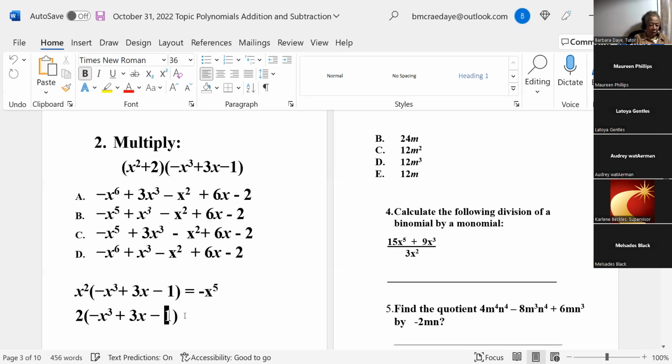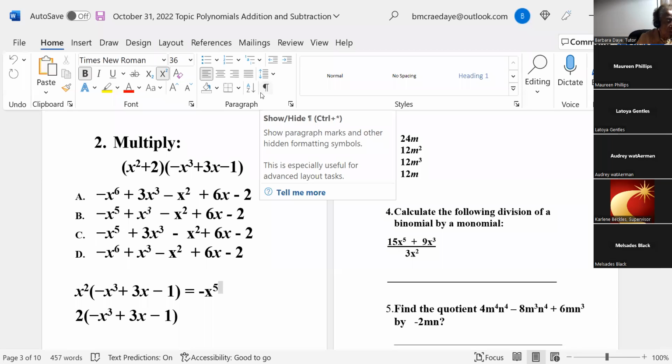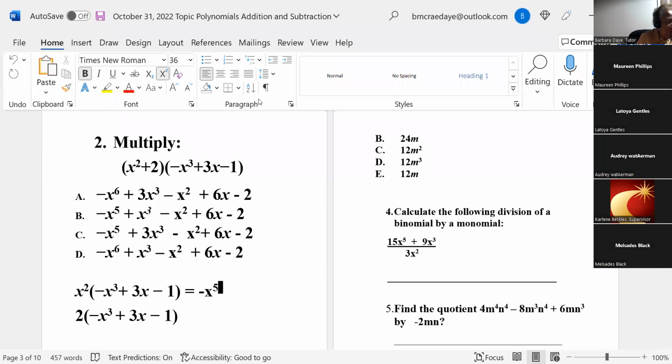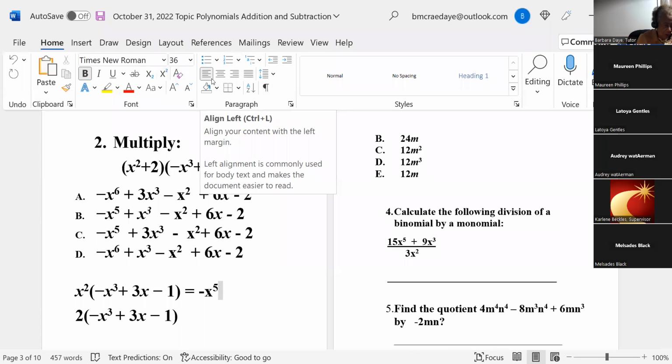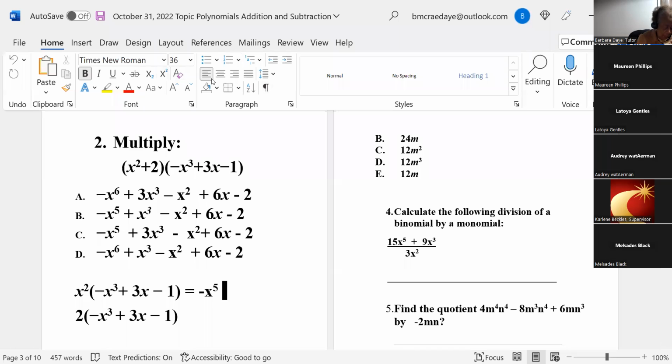X to the second times 3x is what? Multiplied by 3x. What does that give you? 6x. What do you do with the exponents? When you're multiplying, what do you do with the exponents?